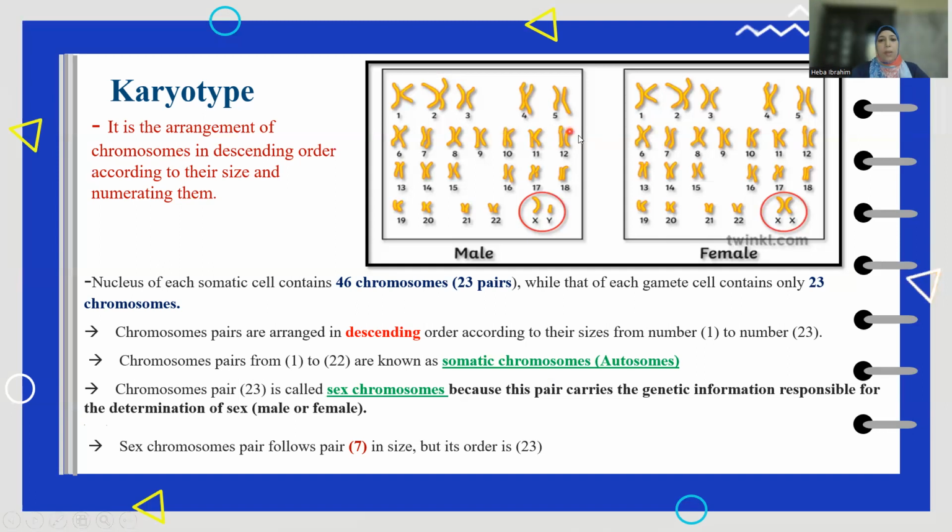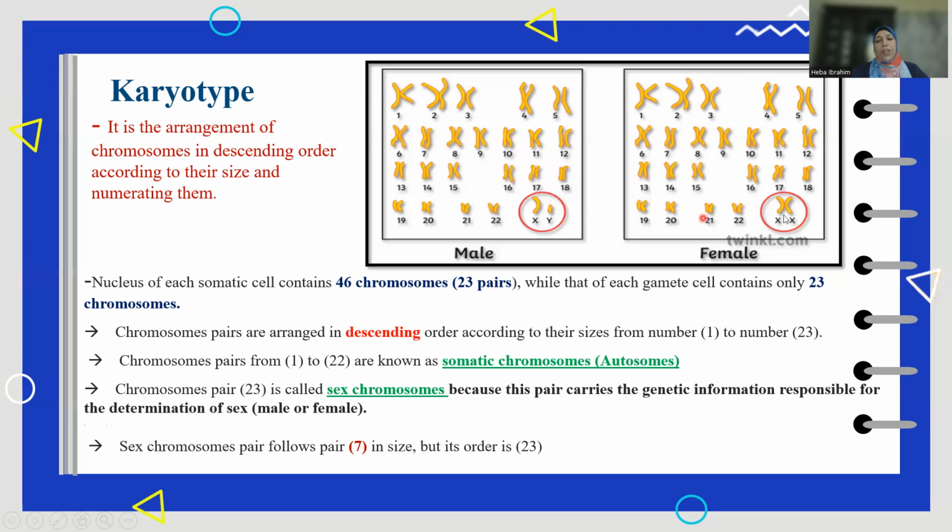We have two different types of cells, cells for male and cells for female. The karyotype for male consists of 22 pairs of autosomes and 2 sex chromosomes. And the karyotype of female cells consists of 22 pairs of chromosomes, which are called autosomes, and 2 sex chromosomes.